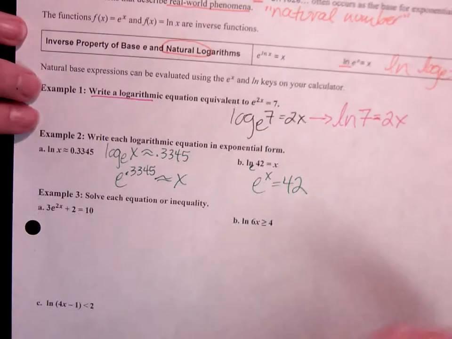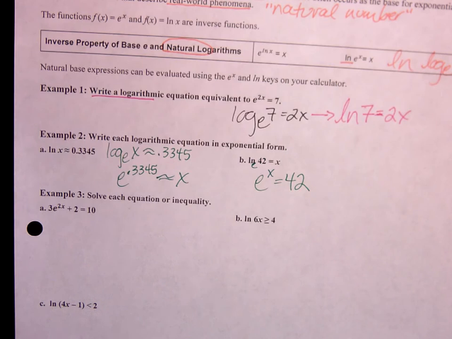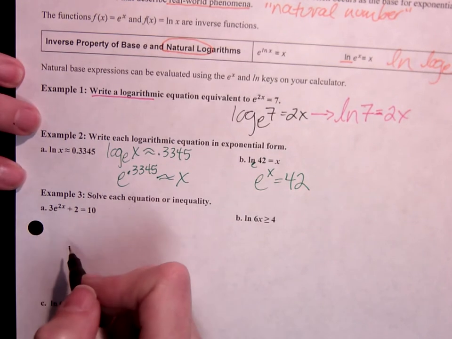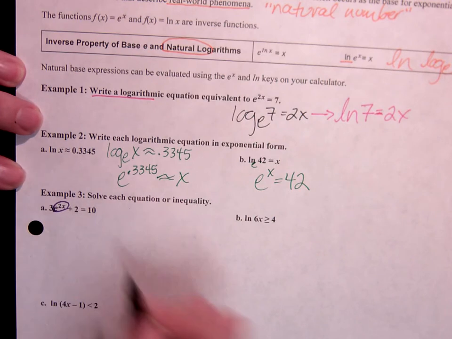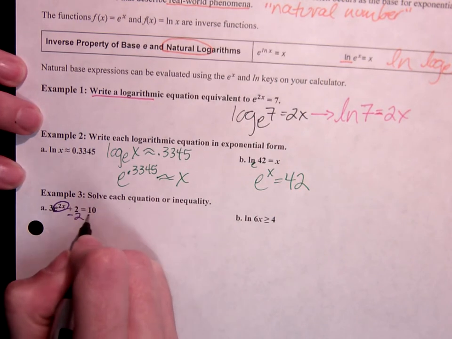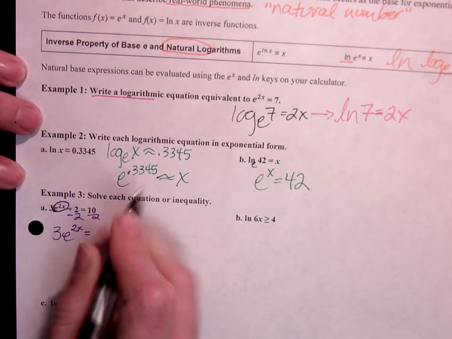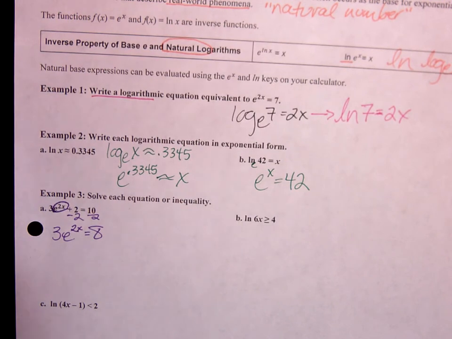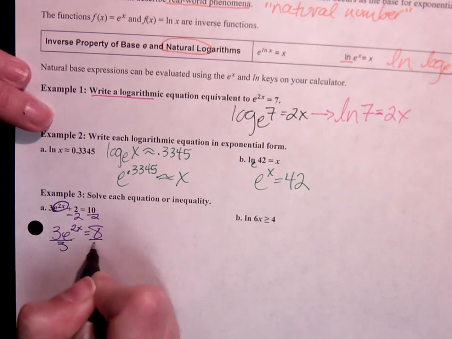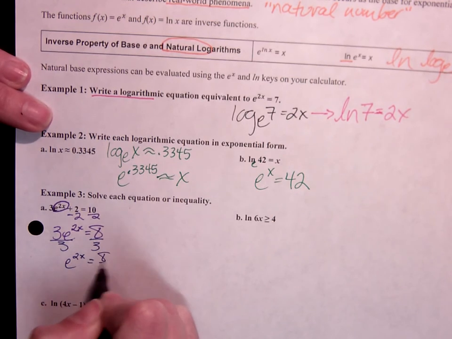So here we'll look at how to use this when we are actually trying to solve. Just like all the solving we've been doing, I need to try to isolate this exponential part. So we're going to subtract 2: 3e to the 2x equals 8, divide by 3: e to the 2x equals 8/3.